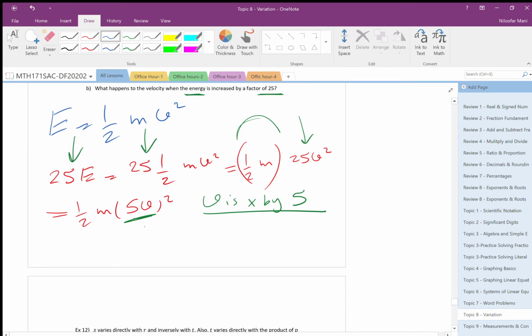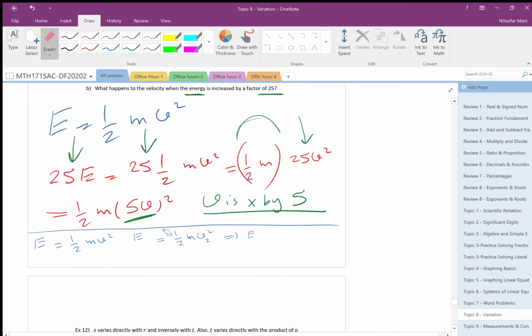Okay, so I have E2 equals 1 over 2 m v2 squared.